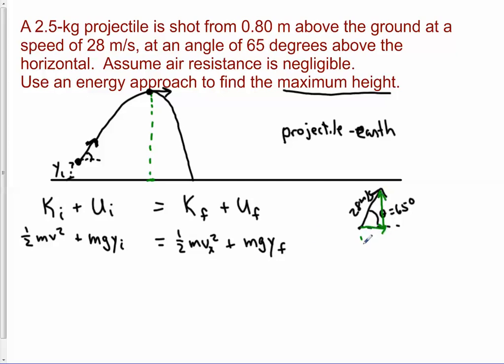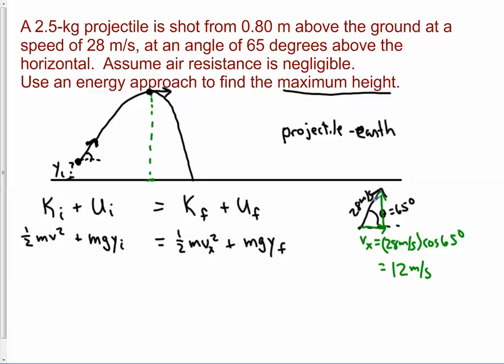So this Vx is 28 meters per second times the cosine of 65 degrees, which is about 12 meters per second. It's like 11.8. This isn't a final answer, so I'll use the fuller number in my calculator when we plug things in later. So 12 meters per second horizontally, and I don't even have to figure out the vertical component.